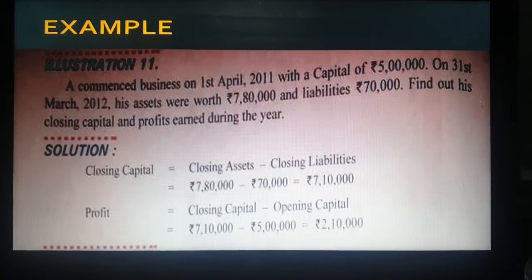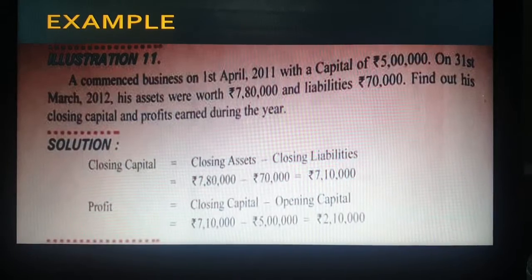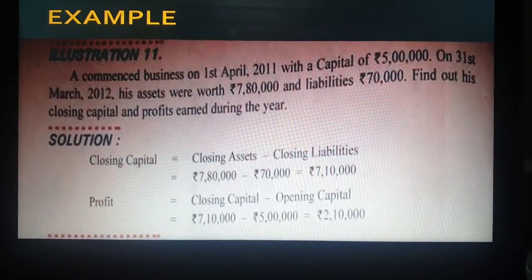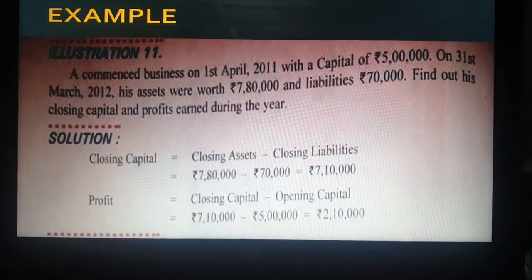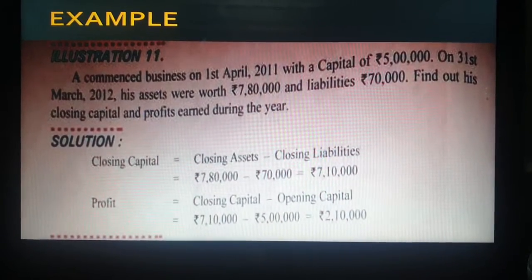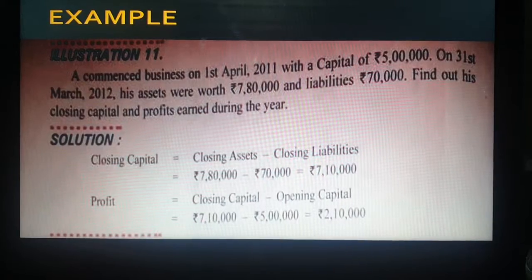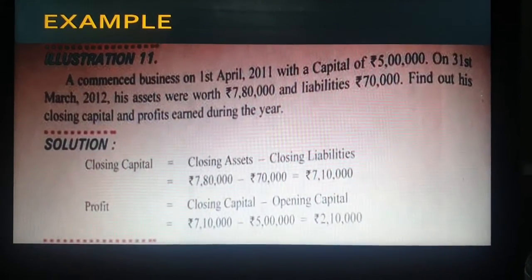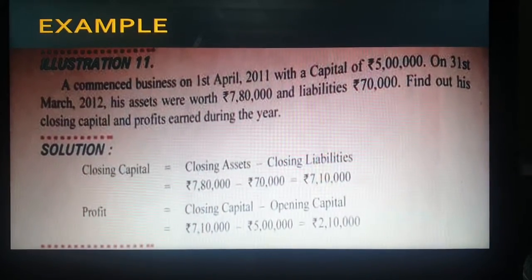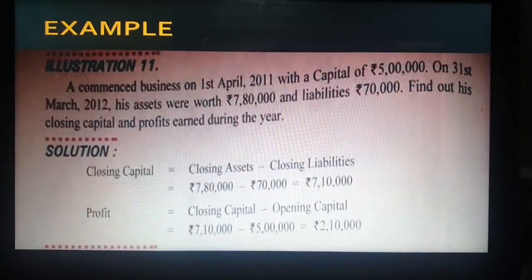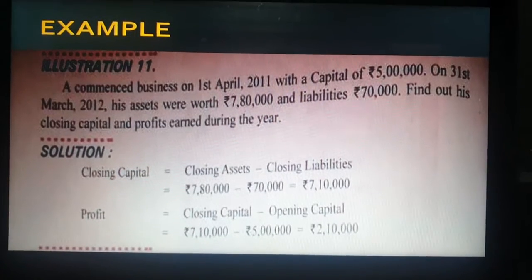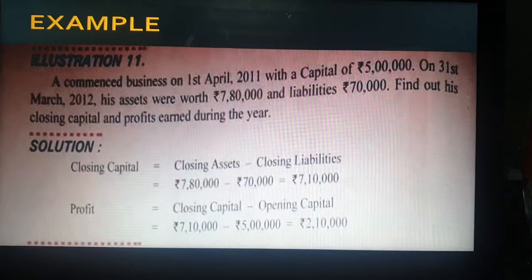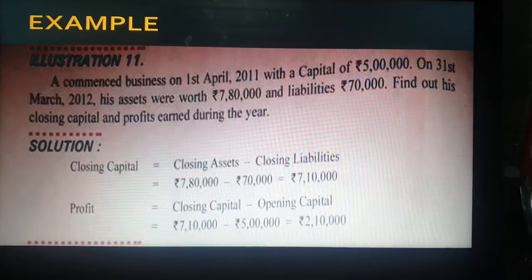Now you have to calculate profit. The difference of closing and opening capital: 7 lakh 10,000 is your closing capital and opening capital is 5 lakh. So the difference, 2 lakh 10,000, is your profit. This is how to calculate first closing capital, and the difference of closing and opening capital is your profit.